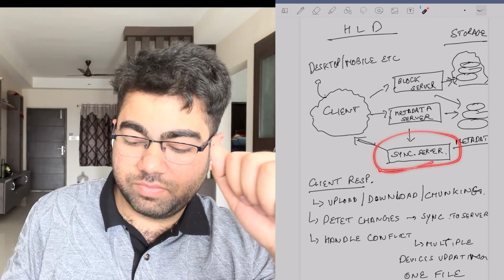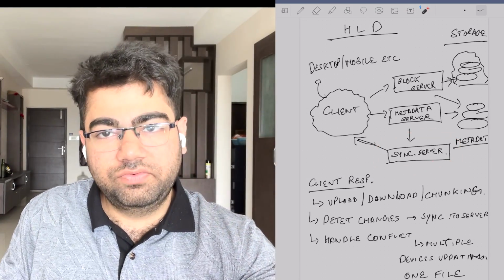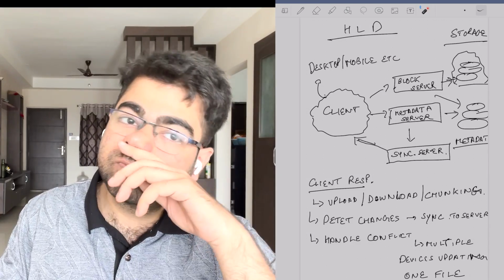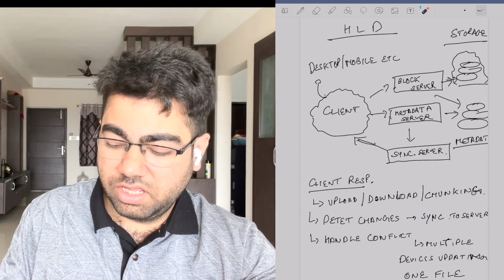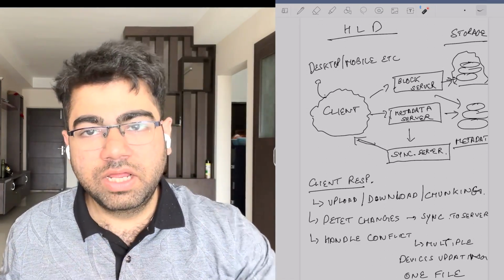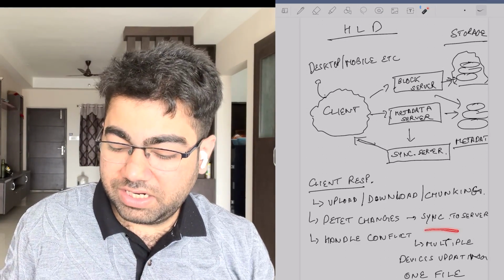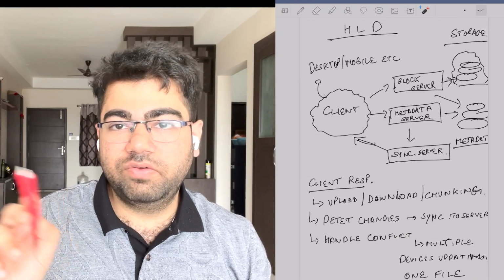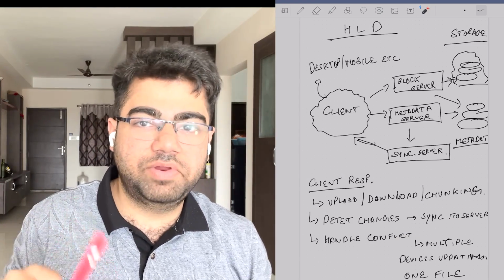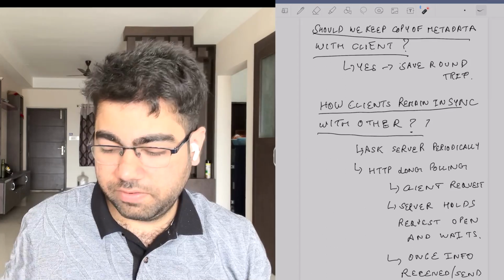This becomes kind of like a Google Docs kind of system also, where you are updating the same doc from multiple places. So you would have to think of some algorithm which would help you to prevent any inconsistency, so that you can handle the concurrent updates that are happening between different clients on the same file.